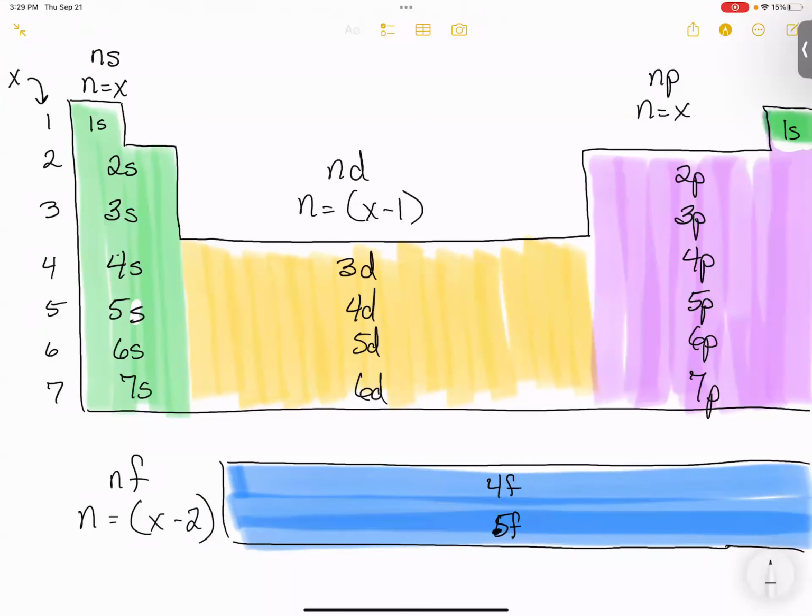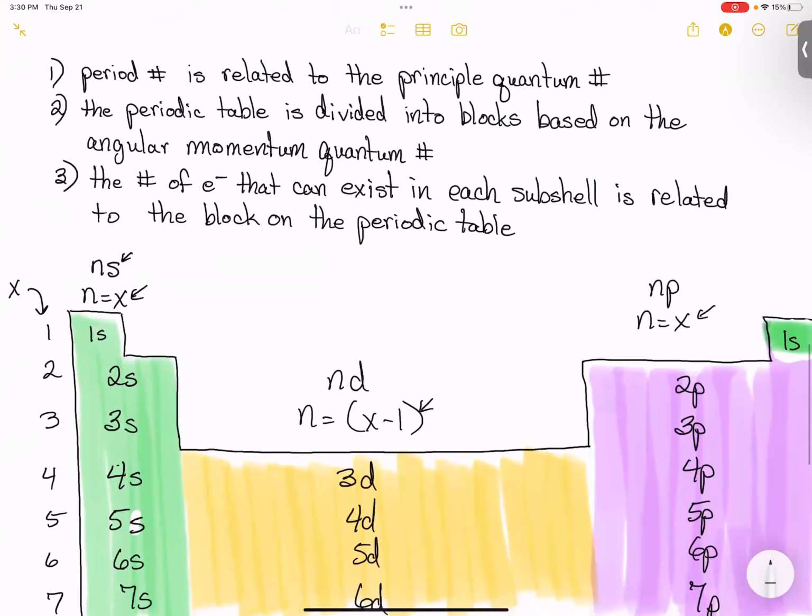But my entire point was, if you look back to the statements I made before this, the principal quantum number is related to the period number. I just showed you how. The periodic table is divided into blocks based on the angular momentum quantum number.